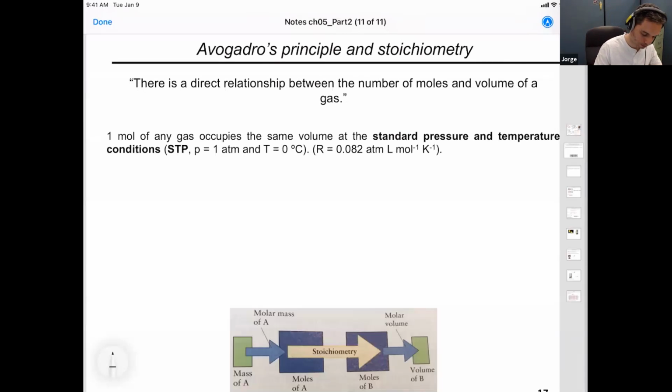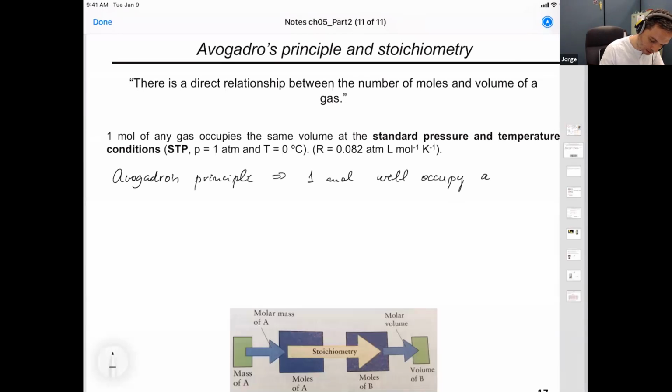So that's what Avogadro's principle states. No matter the identity of the gas, 1 mole will always occupy the same volume.